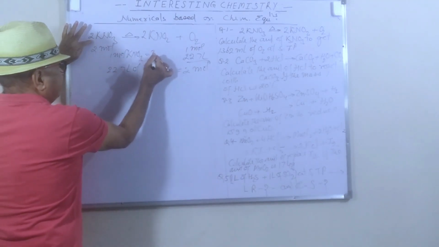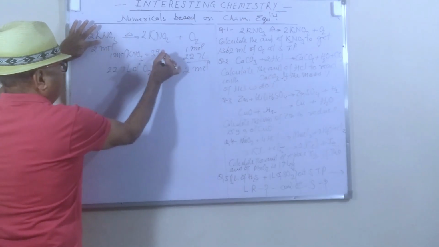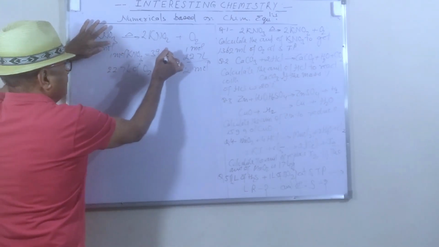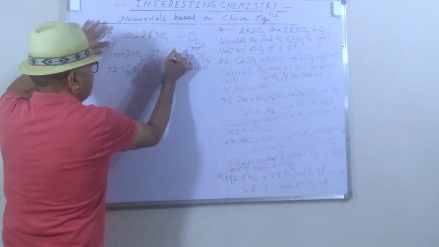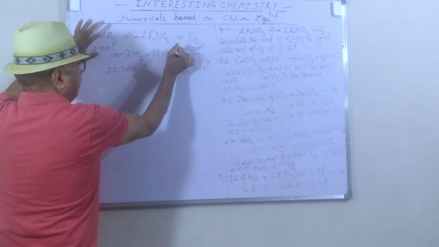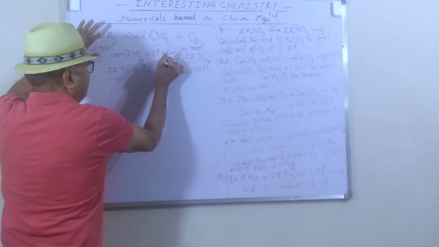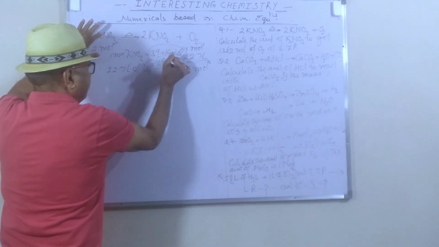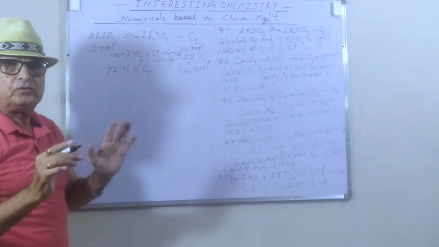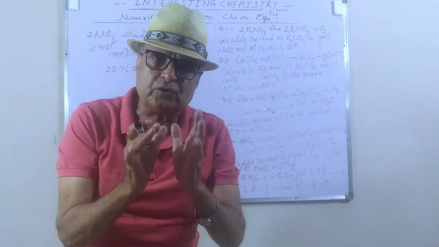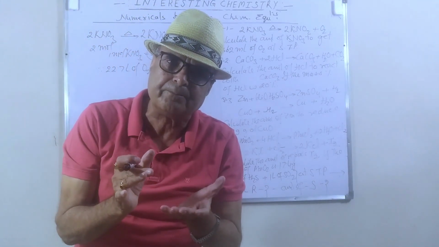potassium 39, N 14, oxygen 16 times 3, 48. So it is equal to 101 gram. So 1 mole of KNO3 is equal to 101 gram.